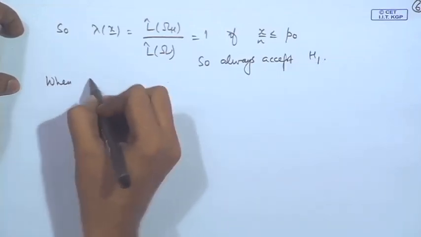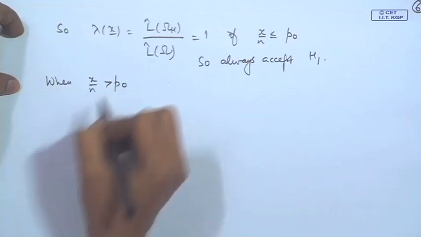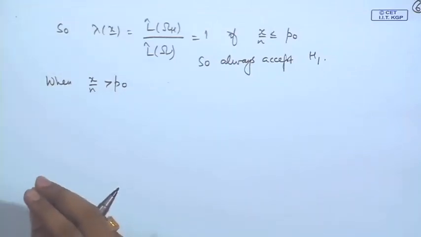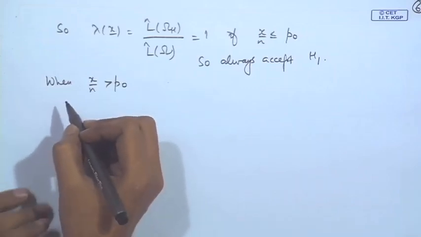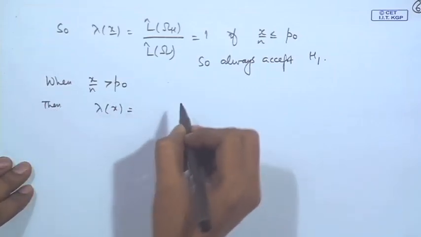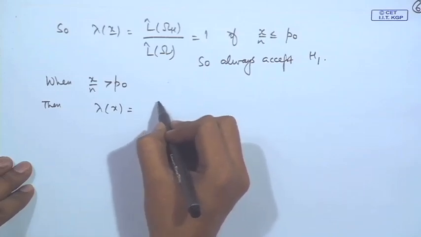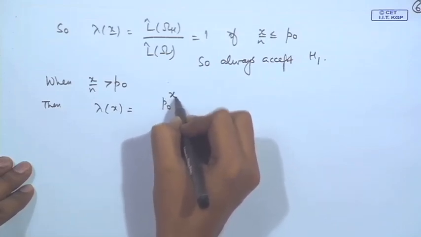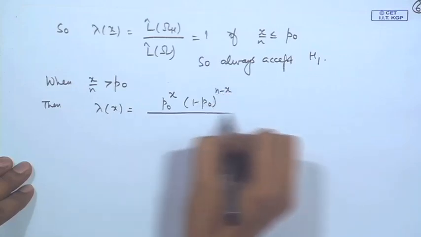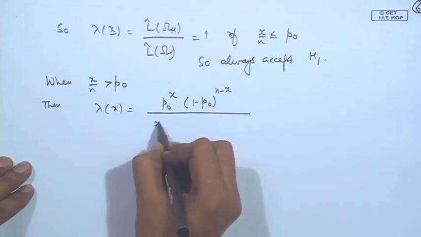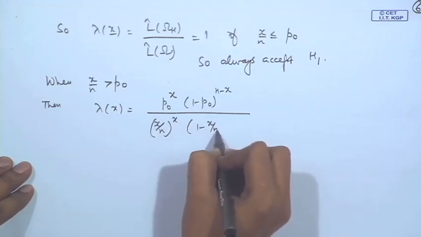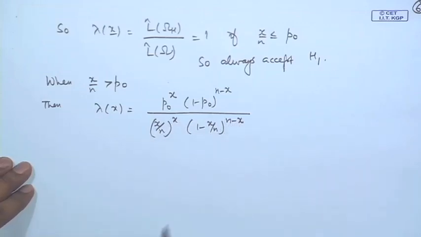Now, when x by n is greater than p naught, in that case this lambda x will become equal to p naught to the power x, 1 minus p naught to the power n minus x, divided by x by n to the power x, 1 minus x by n to the power n minus x.